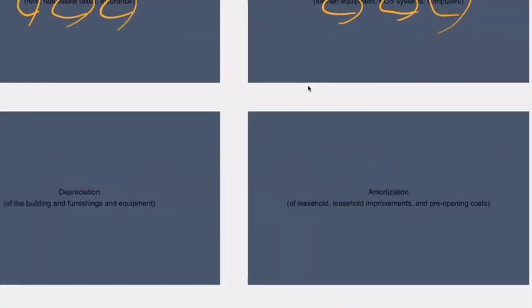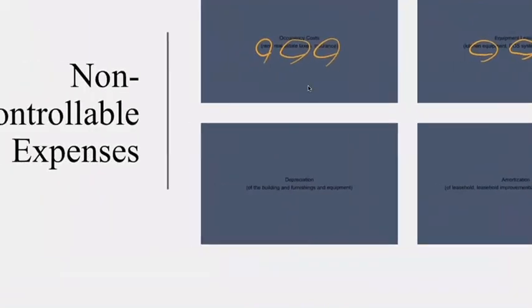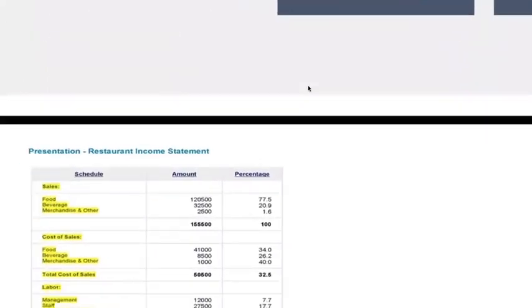And the next one is amortization, of leasehold improvements and pre-opening costs. So they are non-controllable expenses.